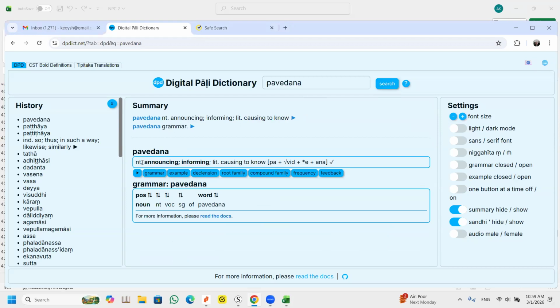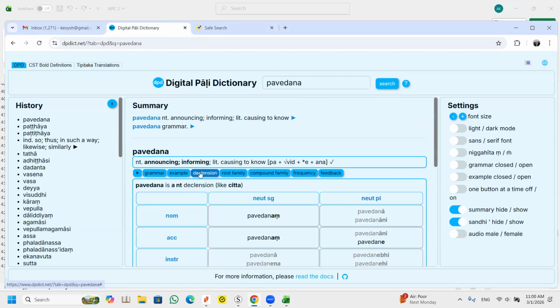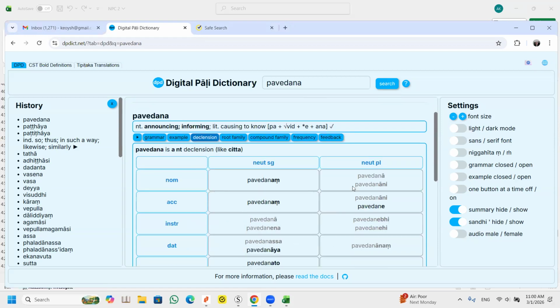Technically, for a neuter noun, if we do a declension, normally it is pavedanam, pavedani. That is one. This is what you always learn. See, pavedanam, pavedani. That is another one.